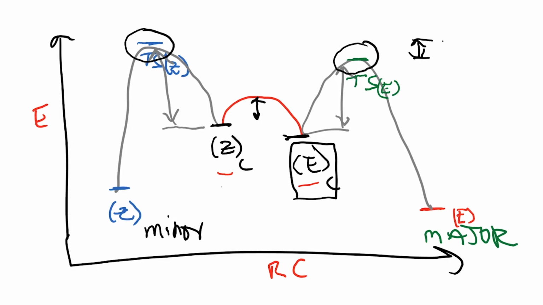So this difference, that is the delta G double dagger or the activation energy Ea, is something that's going to play a role in determining the product ratio in the reaction of interest. Okay, so this principle is known as the Curtin-Hammett principle. I'm just going to redraw it over here.